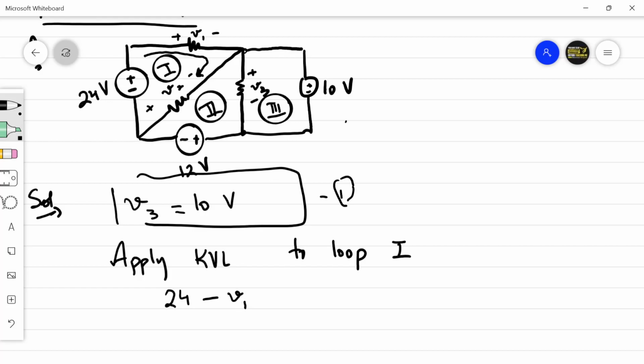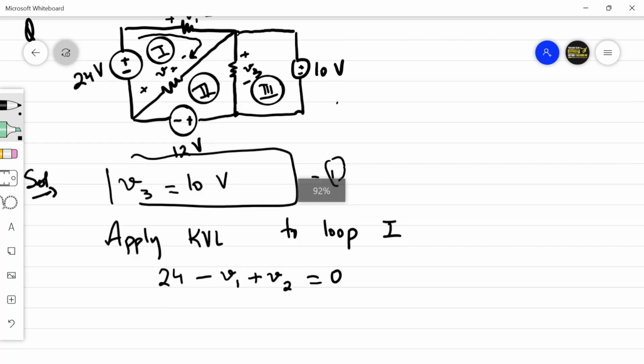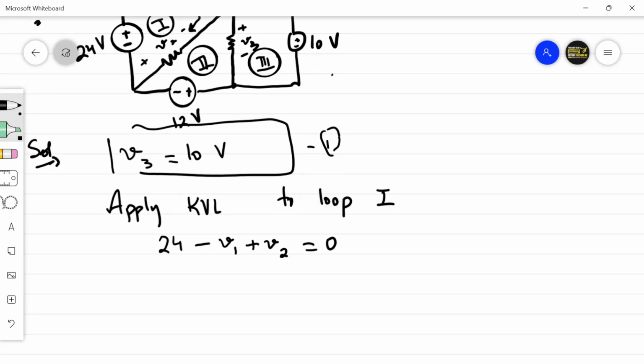So 24 minus V1. Polarity of V2 and 24 volts is the same, so V2 will be added in this equation. 24 minus V1 plus V2 is equal to 0. So from here we have V1 minus V2 is equal to 24. So this is equation number 2.